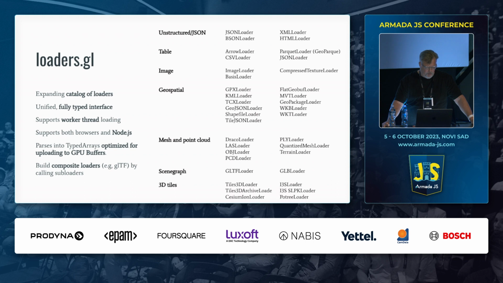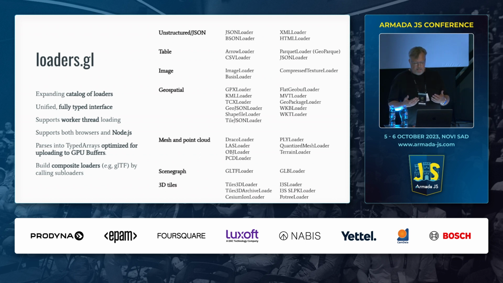It has a fully typed interface, and with a lot of good features, worker threads, node support. The loaded data is optimized into typed arrays so that it can be uploaded directly to the GPU. You can build composite loaders and so on and so forth.